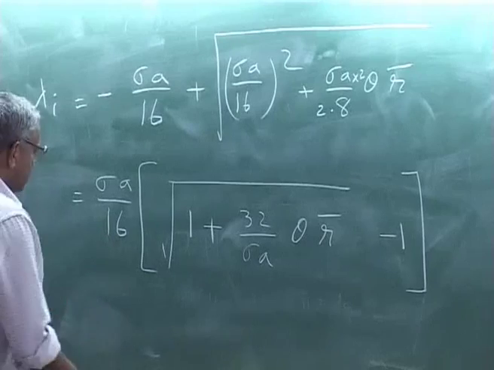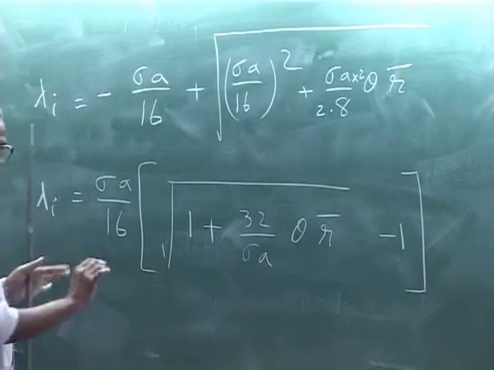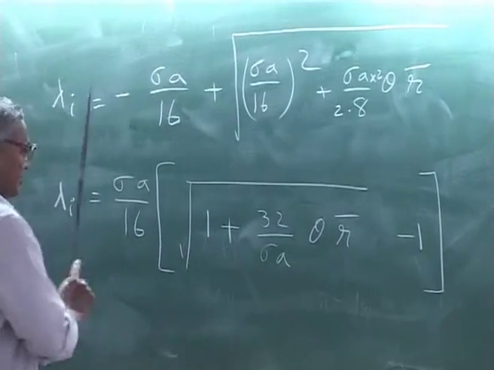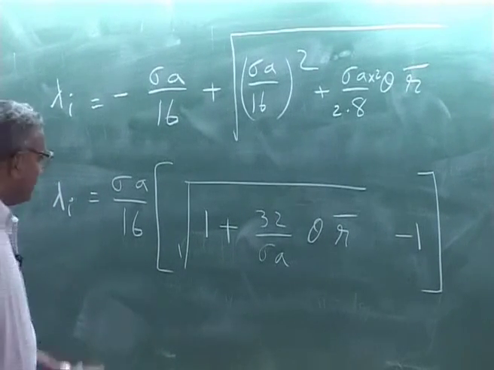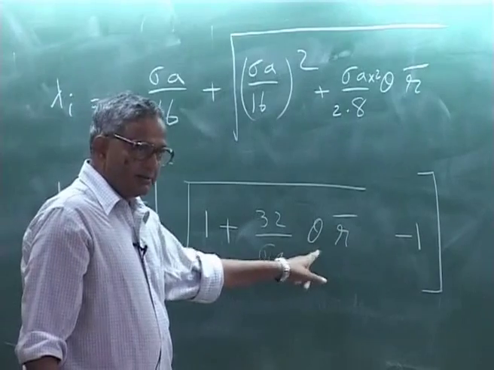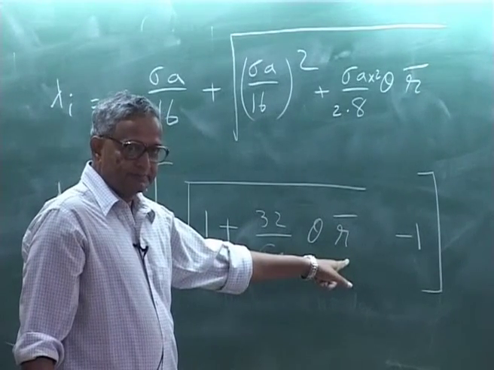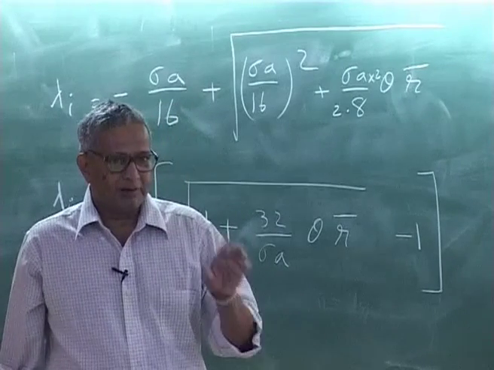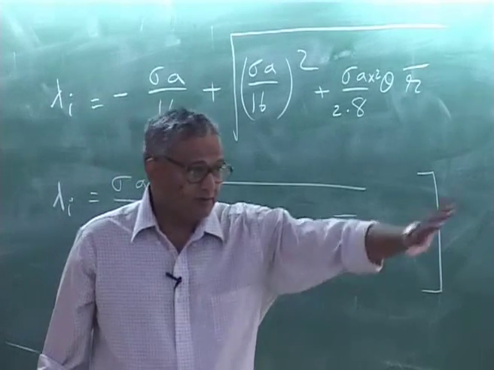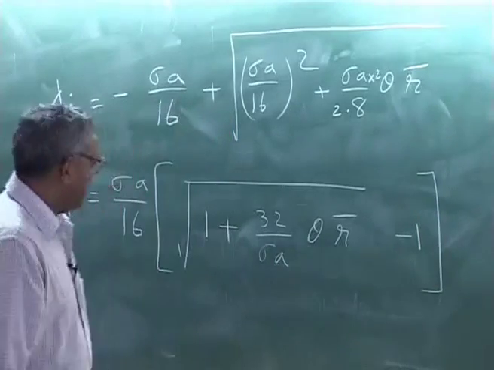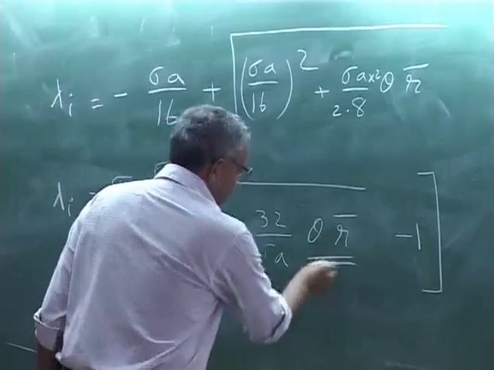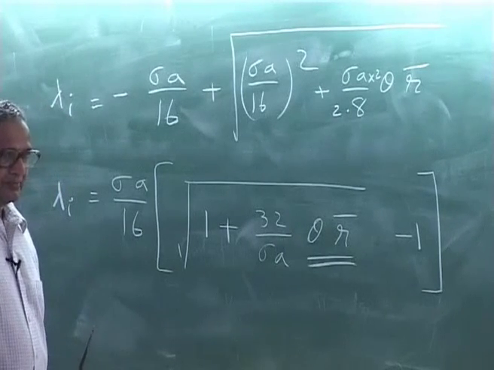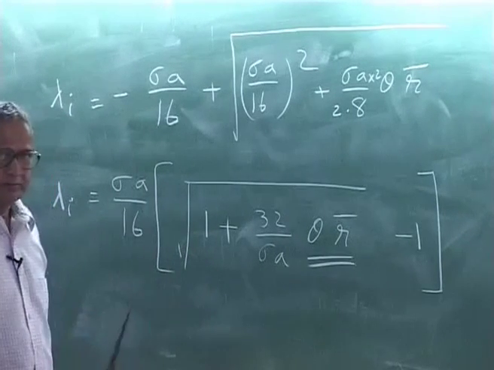Now, is it clear? You see my inflow is a function of angle and r bar. If I want lambda I to be constant everywhere, if this quantity is a constant, constant means uniform inflow.